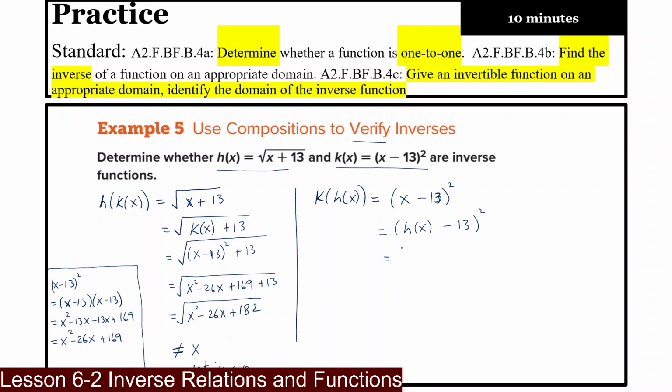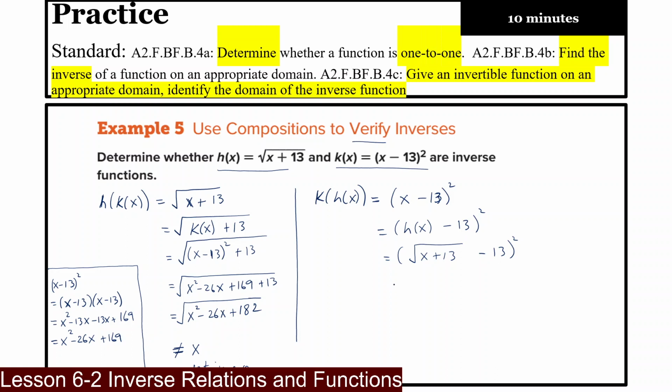So let's see. Square root of x plus 13, minus 13, and then everything is squared. Alright, well, this looks exactly like this, x minus 13 squared, except instead of x, we have all of this.